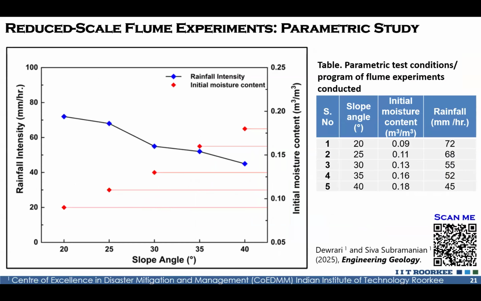The study is schematized for different rainfall intensities as well as different initial moisture contents with increasing slope angle. We performed these 5 experiments, and each experiment was repeated 3 times in order to ensure correctness and also to get the average. So this is the condition.